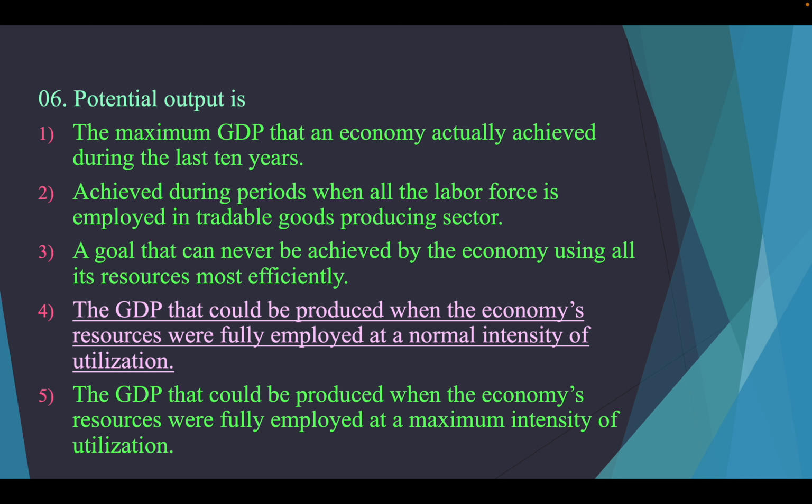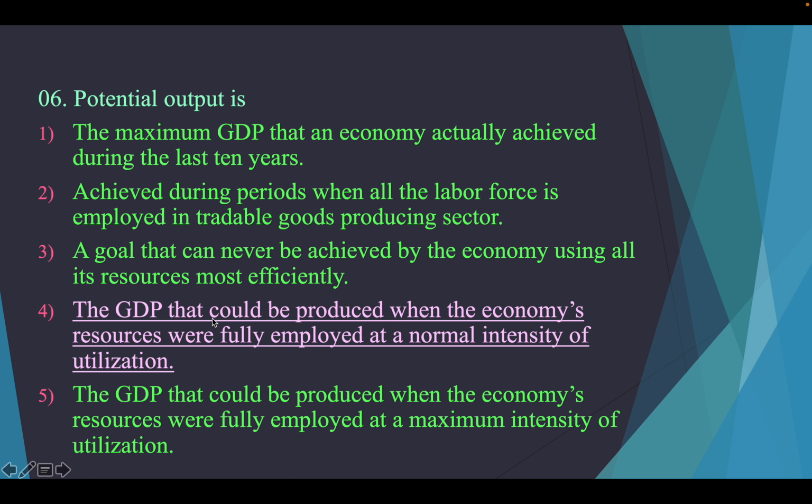Then the sixth question: potential output is? Children, if you draw the PPC curve, the PPC curve shows the potential output. That means when you use land, labor, capital, and entrepreneurship and produce a goods and services bundle on the PPC, that is the potential output. The fourth and fifth are the answers I chose.